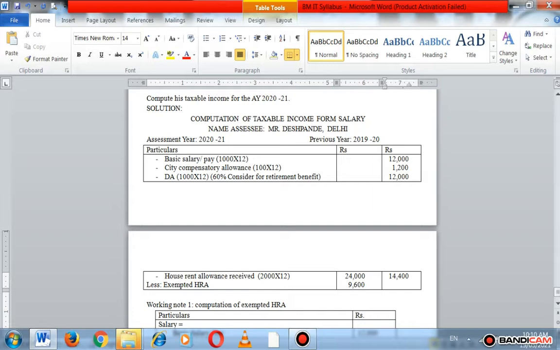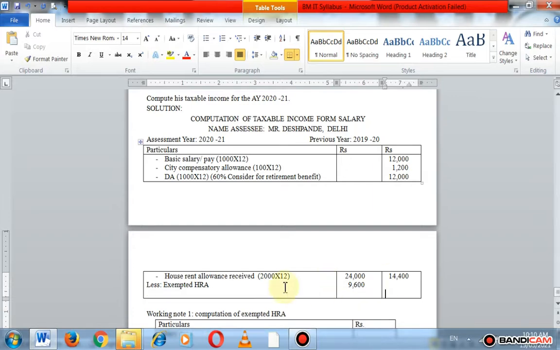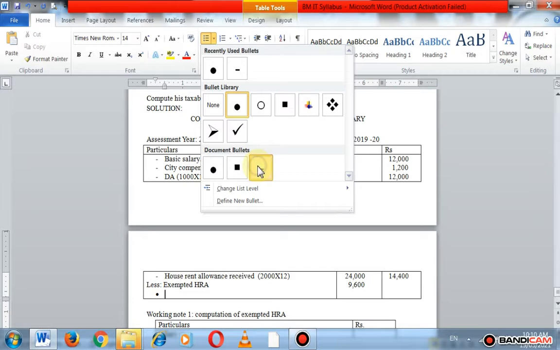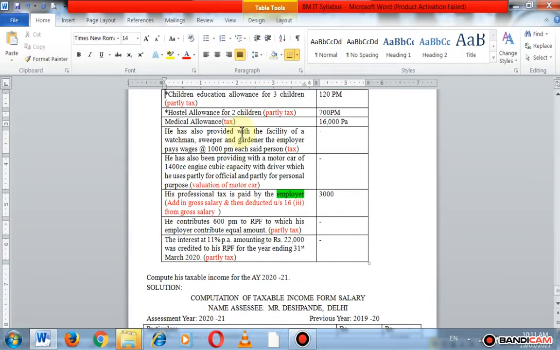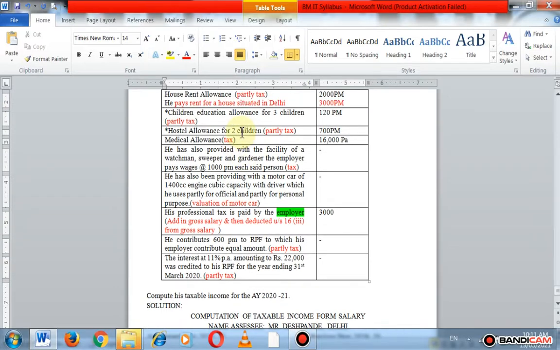14,400 is taxable HRA. Then the next allowance is children education allowance, which is received for 3 children.